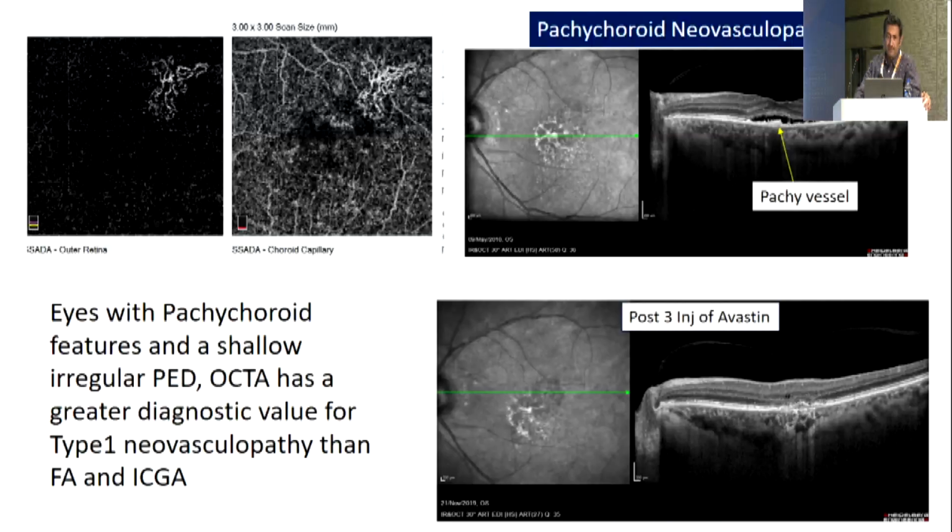But if you do OCTA, you can see a vasculature here, neovascularization. Such patients respond well to anti-VEGF. So any patient with chronic CSR who has a flat irregular PED, you should rule out neovascularization, and OCTA is very useful. For type 1 sub-RPE membranes, OCTA is very useful.